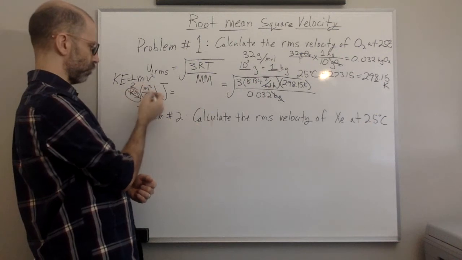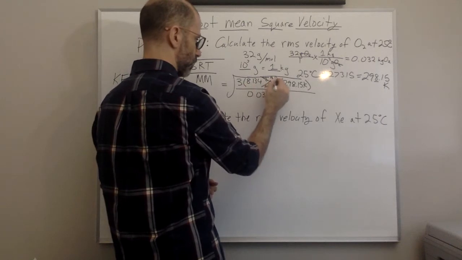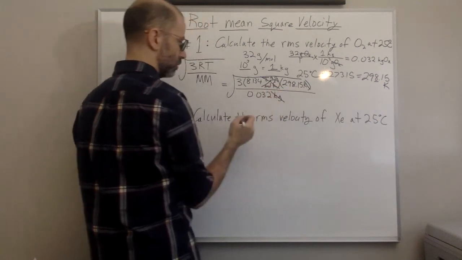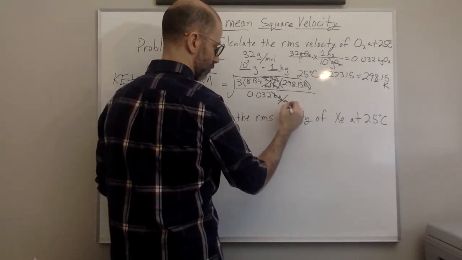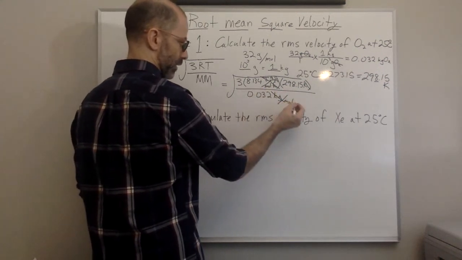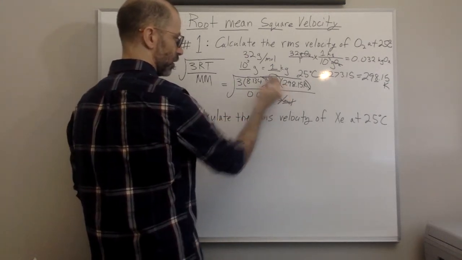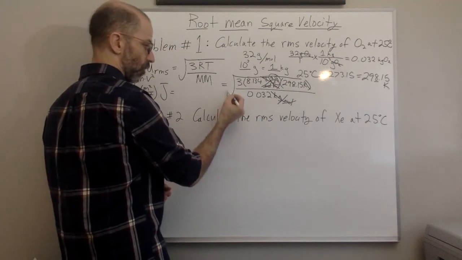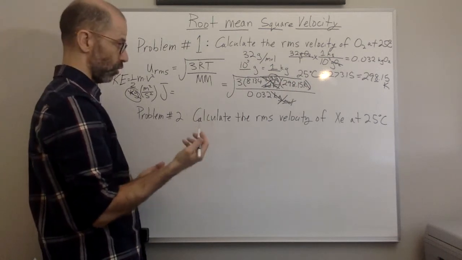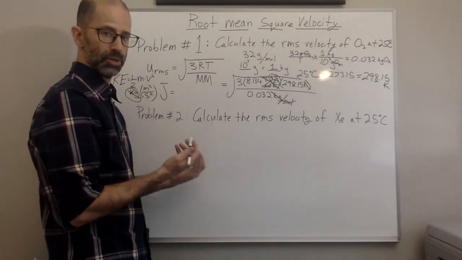Kelvin is going to cancel out. Oh yeah, and I can't forget moles. This is molar mass, so the moles cancel out because I have moles here and here. The only thing left is meters squared over second squared. We're going to take the square root of that, and so the units become meters per second, which is what we want, because we're looking for a velocity or speed.